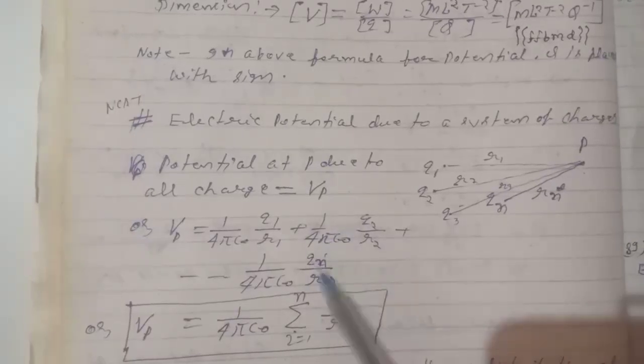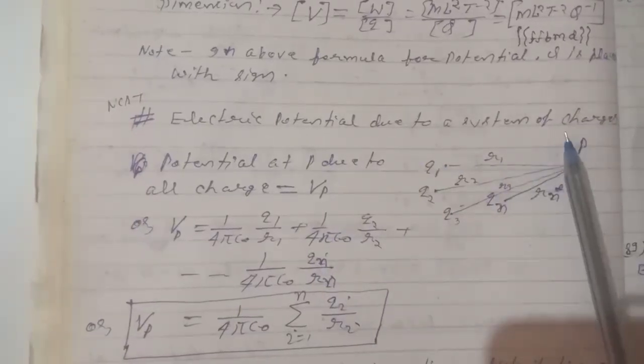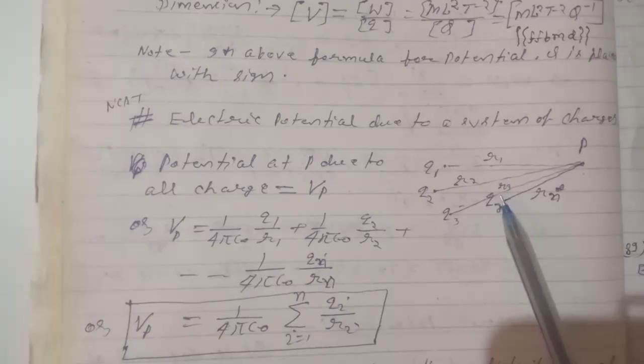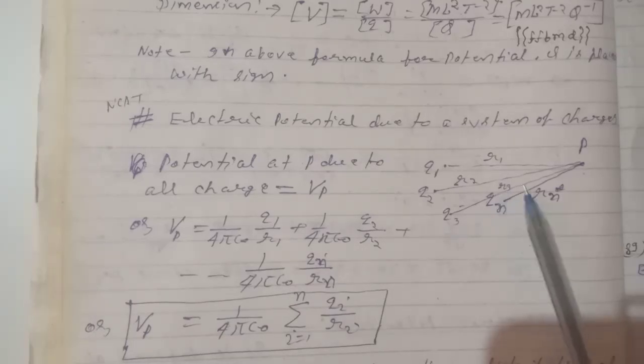Next, electric potential due to a system of charges. If there is a system of many charged particles and we have to find the potential at a given point, then we should find the potential due to each individually and add them up to get the total potential.